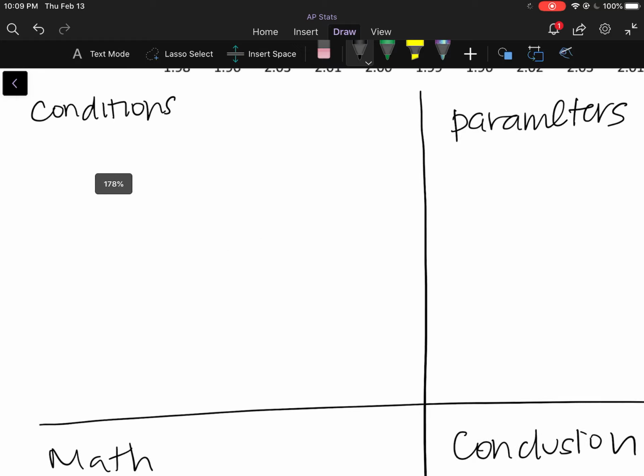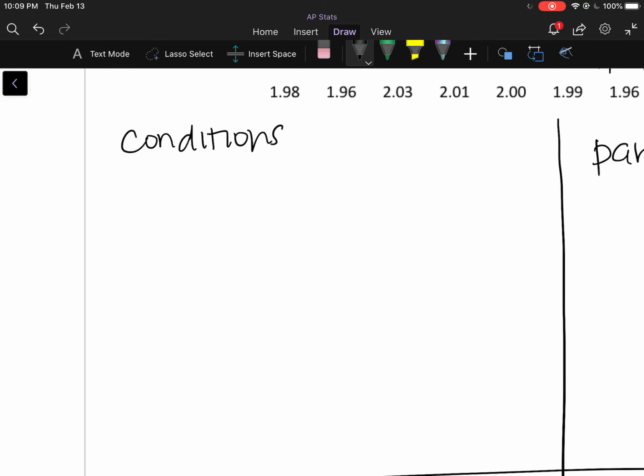So let's go ahead and start with the conditions. The condition is first, it needs to be a simple random sample. And in this case, we're going to assume that, because it didn't tell us. We know that n is equal to 12, which is less than 30. So we need to create a box plot to see if this is symmetric and has no outliers.